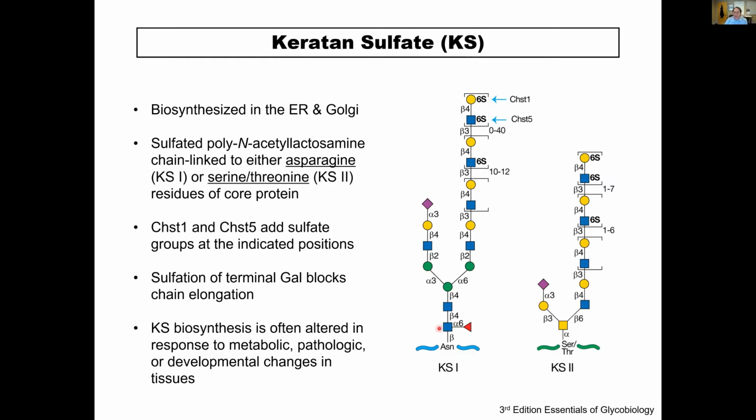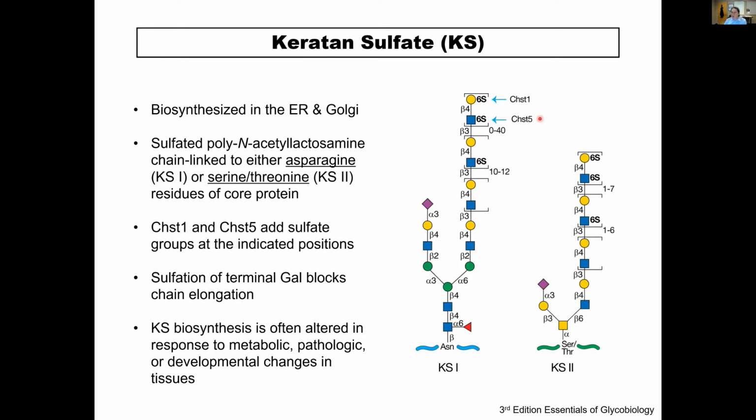The difference between them is that KS1 is N-linked, so to an asparagine residue of its core proteoglycan. KS2 is typically O-linked. And because of that, the core glycosylation varies between these two types as well. But what is shared between them is this N-acetyl-lactosamine chain that can be sulfated.